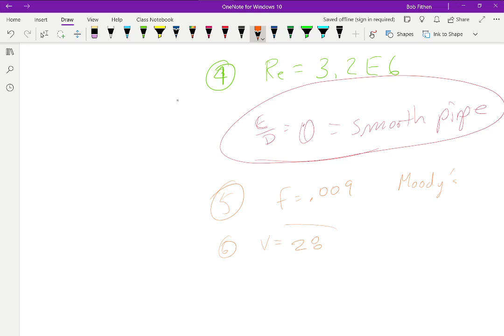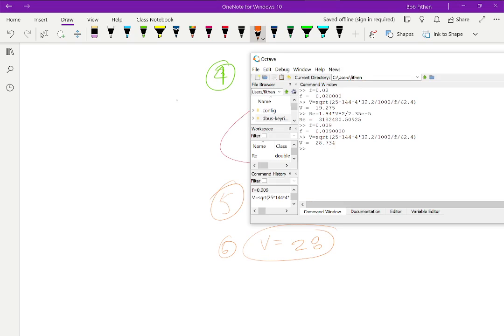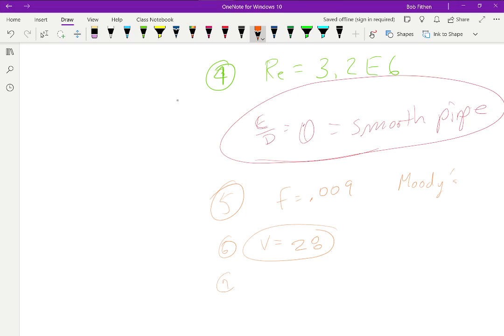Around 28. But the thing is it's there in full view, so we'll go back. Now, the only thing I have changing is the Reynolds number, and it looks like 4.7. Reynolds number is equal to 4.7 e to the 6th.